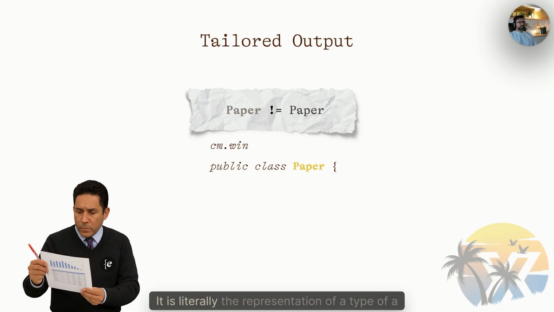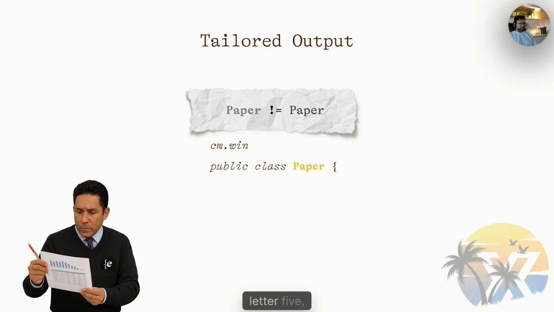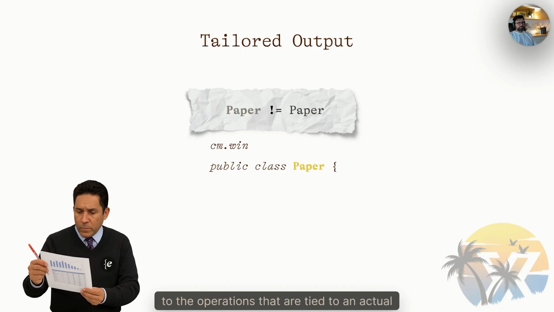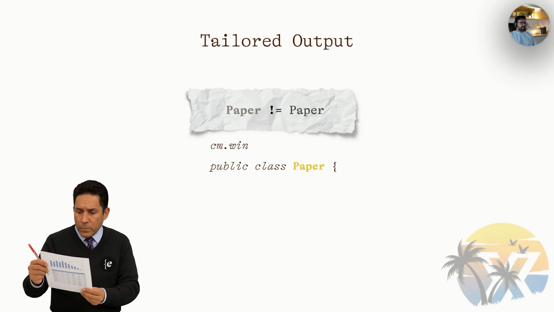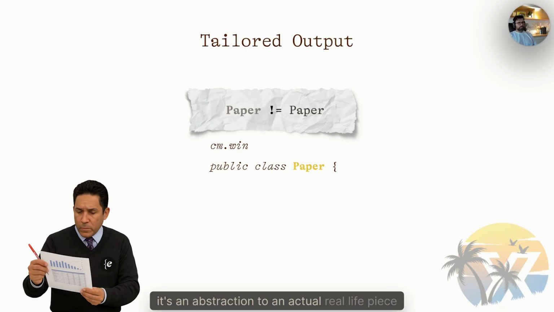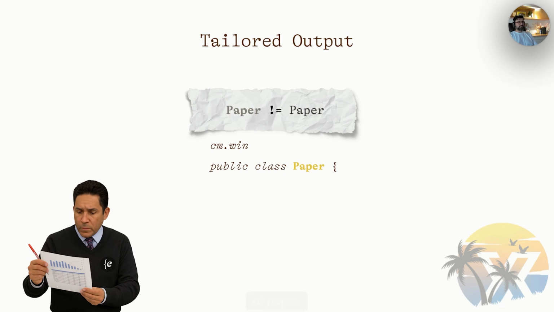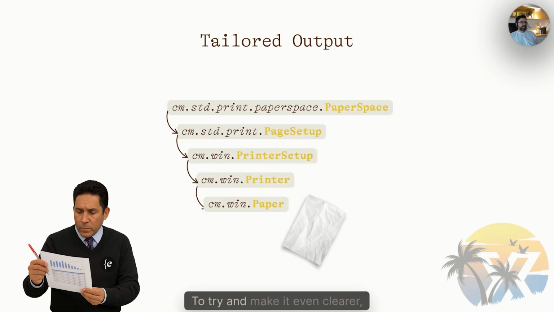It is literally the representation of a type of a real paper format, for example, A4, Layer 5, etc. This class is mainly related to the operations that are tied to an actual printing job. So again, it's an abstraction to an actual real-life piece of paper. To try and make it even clearer, here's how paper, the actual physical paper, connects to the rest of the paper paraphernalia in core.